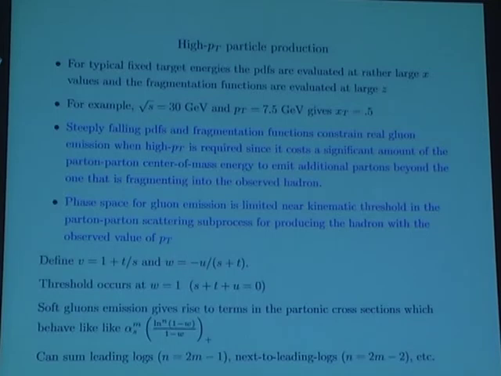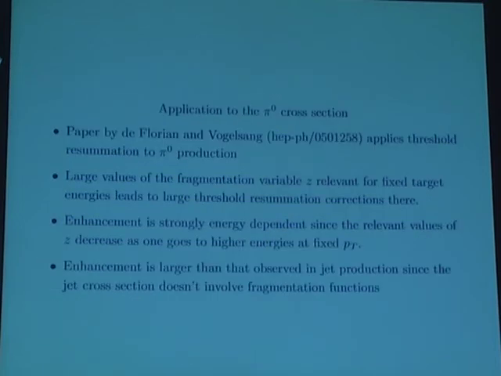In terms of this variable w, which goes along with the variable v mentioned in the phase space for this talk, the soft gluon singularities occur at w equals 1. And there are terms of the form log^n(1 - w) divided by 1 - w. It's those large logarithmic corrections which need to be resummed. They're going to be important anytime the gluon emission phase space is reduced by the kinematics of the process.